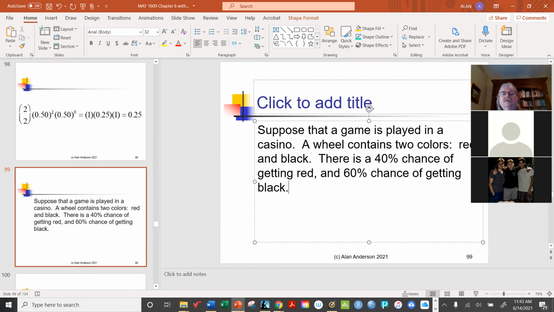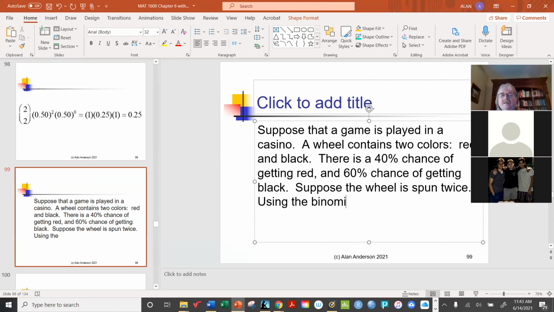Okay, so here's what we're going to do. Now, we're assuming, of course, that the spins are independent of each other. Suppose the wheel is spun twice. Using the binomial distribution, compute the probability. Oh, and one more thing, wait.